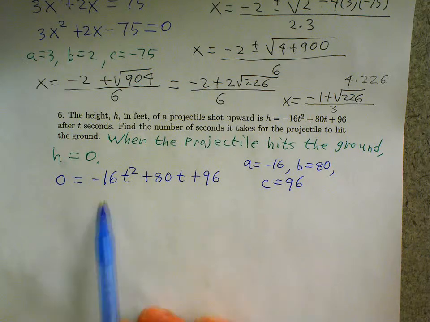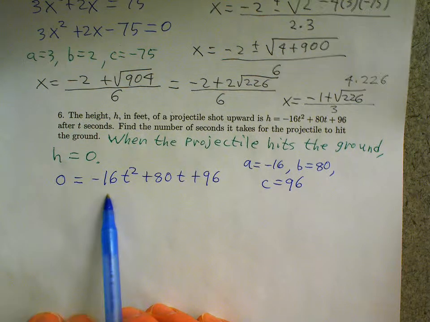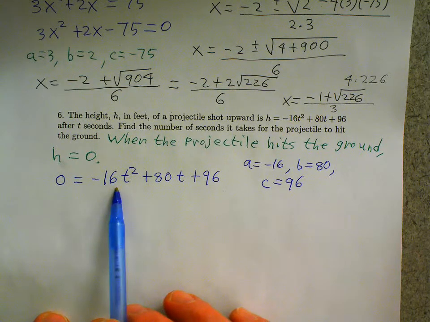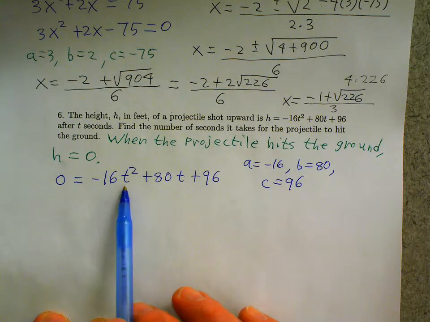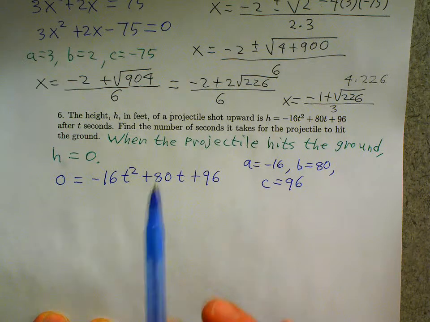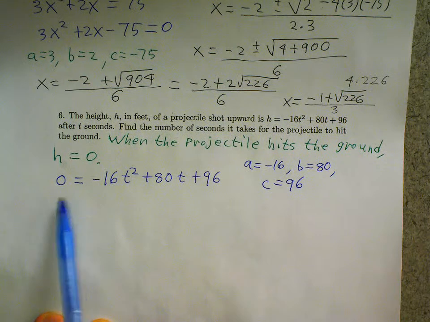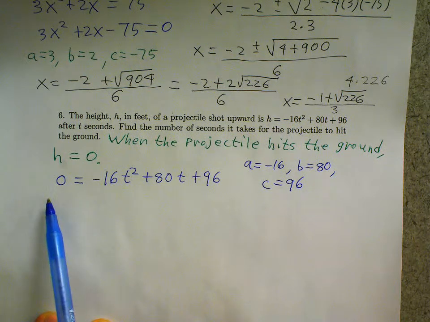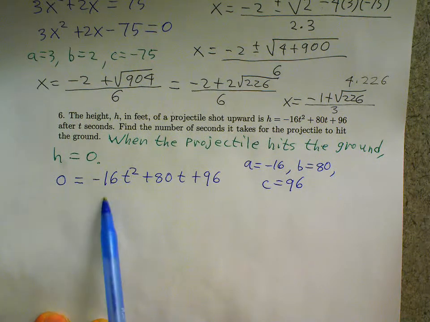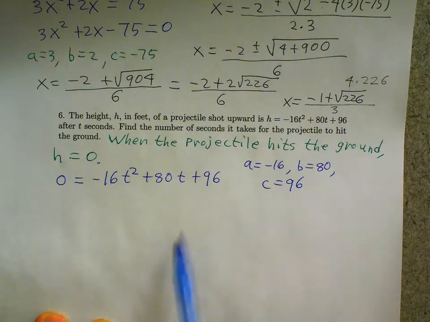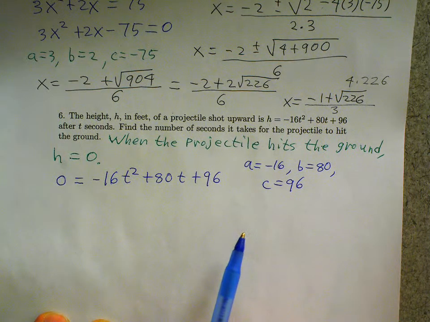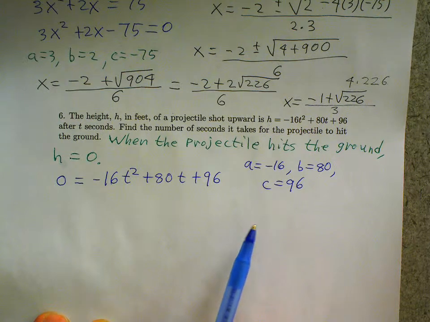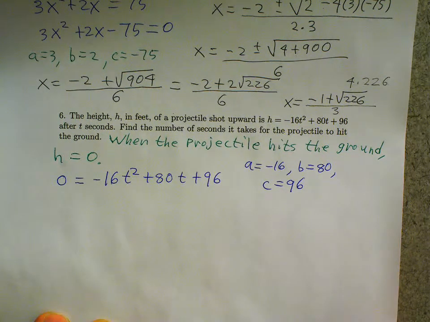And then another thing, since we're starting out with a coefficient of t squared that's negative, if we divide every term on both sides of the equation by negative 16, in my opinion, that will make the arithmetic simpler than if we just divided every term by positive 16.